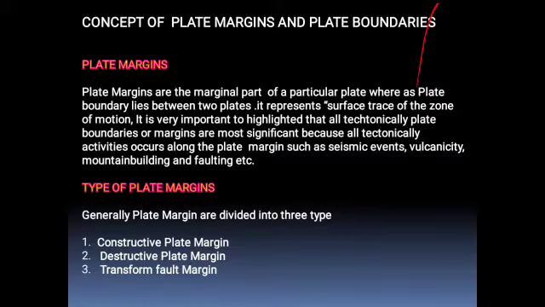Some medium plates are the Arabian, Nazca, Juan de Fuca, Cocos, Philippines, Caribbean, and Indian plates. There are also 20 minor plates, like Panama, Somali, and others. I also discussed the causes of plate tectonics: gravitational force, convection current, and upwelling of magma. Those are the main factors for plate tectonic theory.